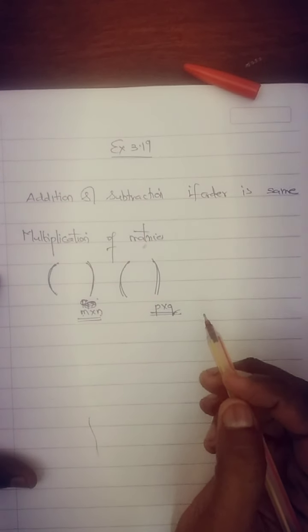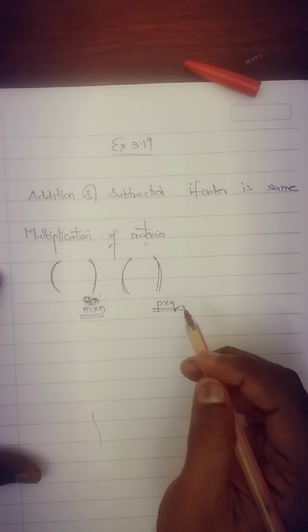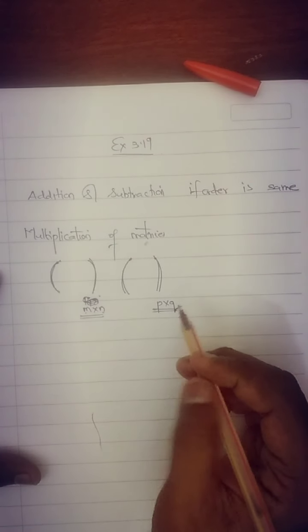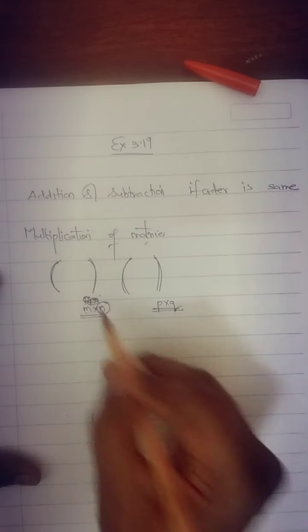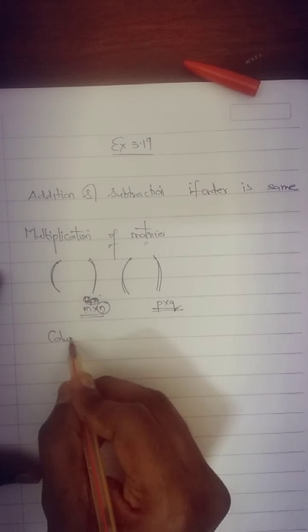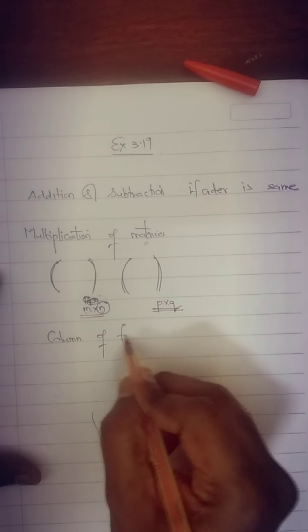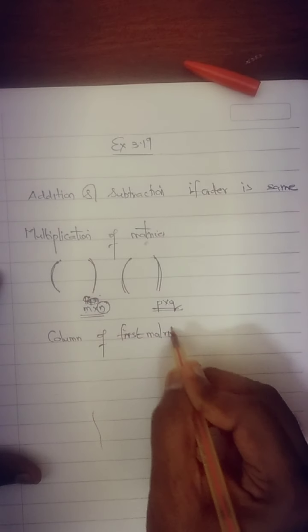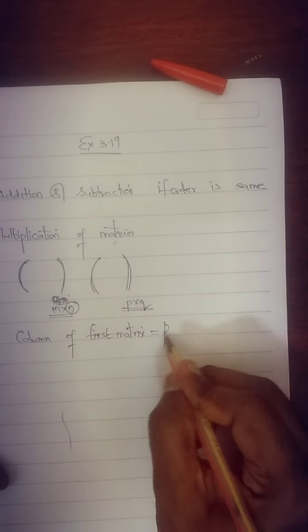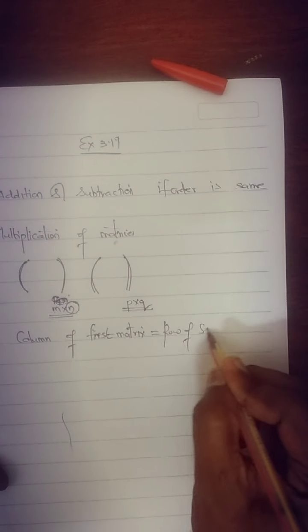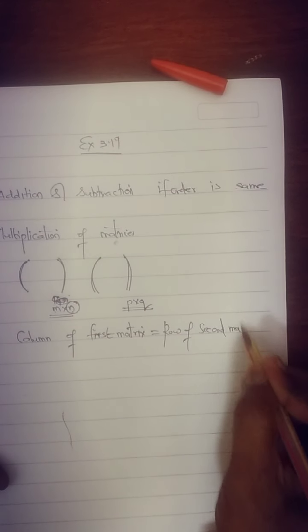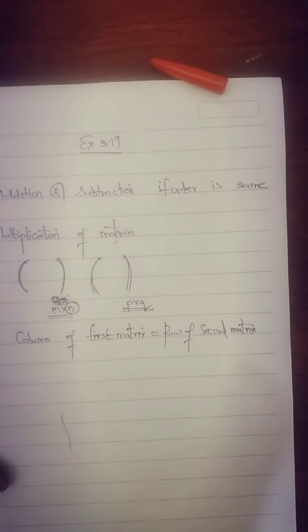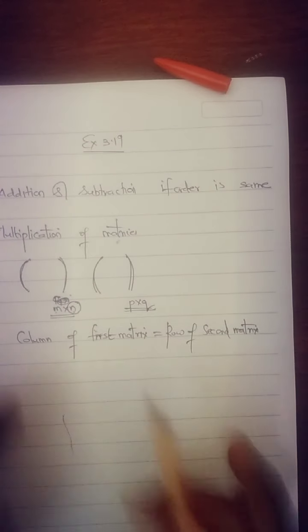What is the condition for multiplication of any two matrices? Listen students, the column of the first matrix is equal to the row of the second matrix. This is the main condition you need to learn.